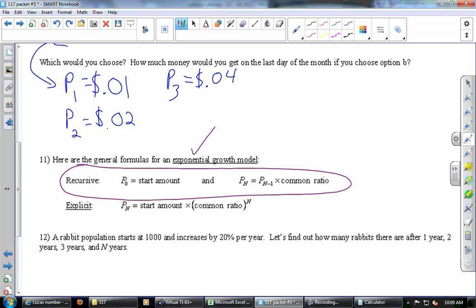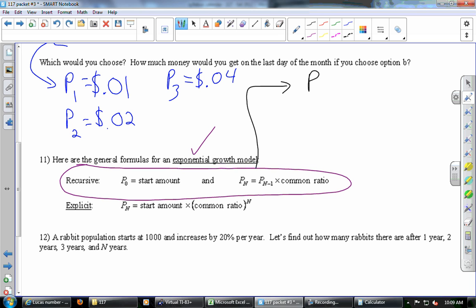For each of those two things, there were two different formulas. So how many formulas are we looking at today? 4 formulas. Either you add the same thing or you multiply the same thing, and each of those has a recursive model and an explicit model. So 4 different formulas. We got to keep them straight. So let's look at this recursive one for the money example.